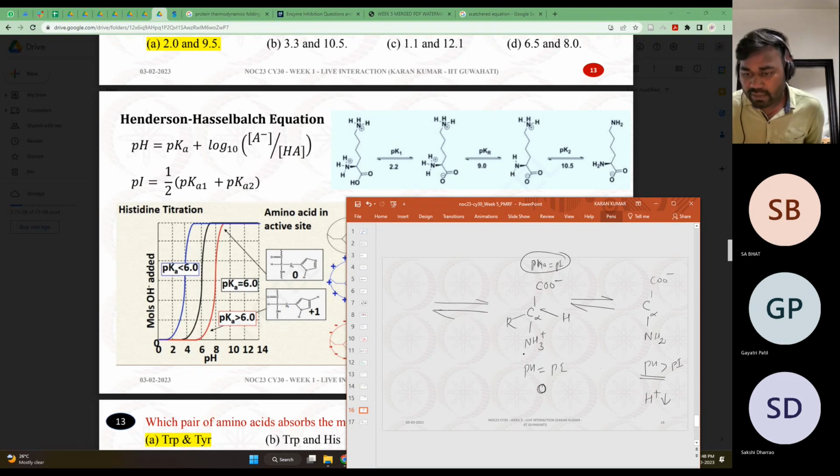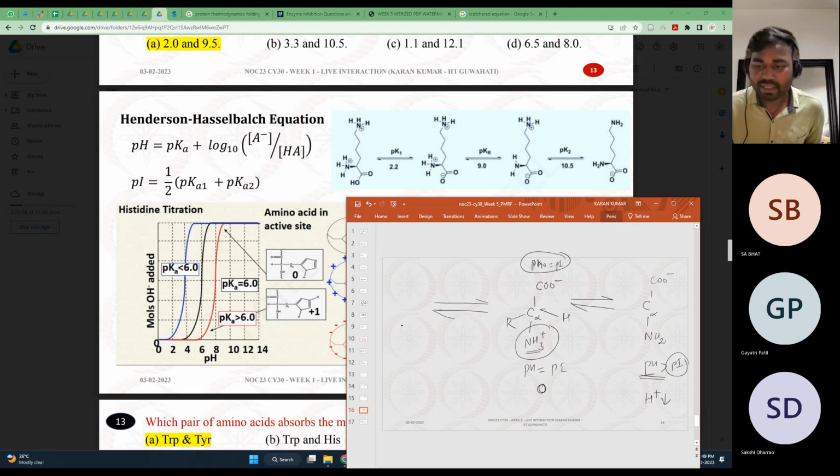So this alpha amino group will also donate its proton. So remember one fact: the alpha amino group loses its proton at values higher than the pI, means in basic conditions.